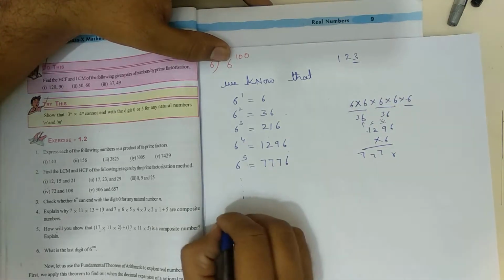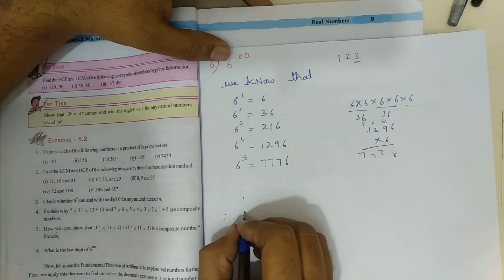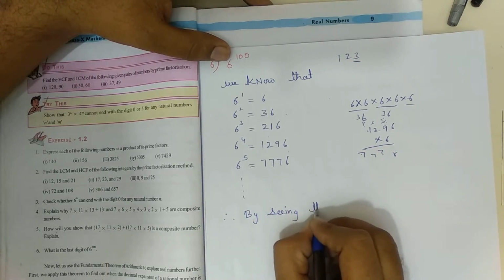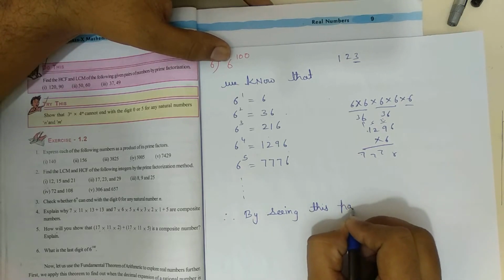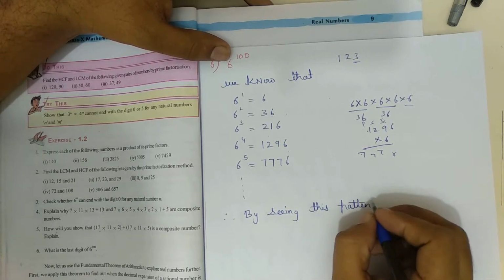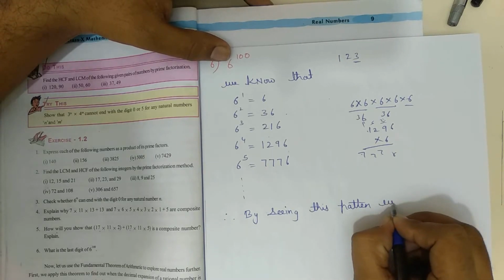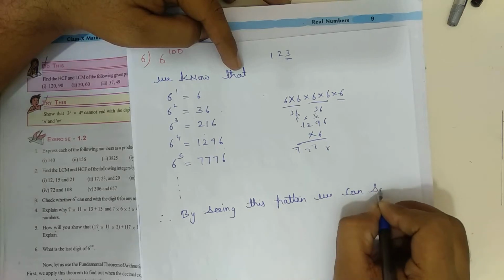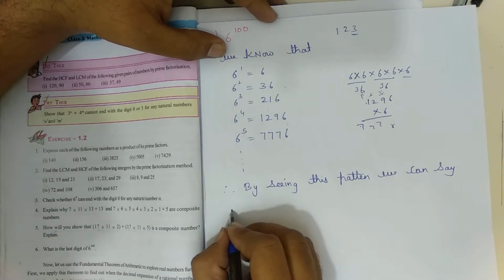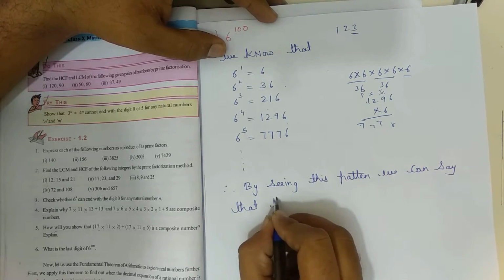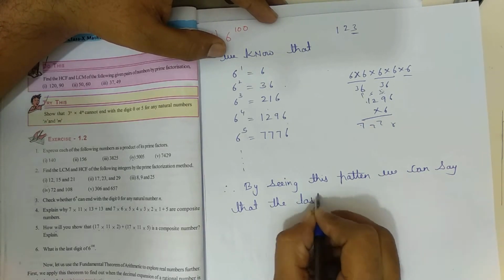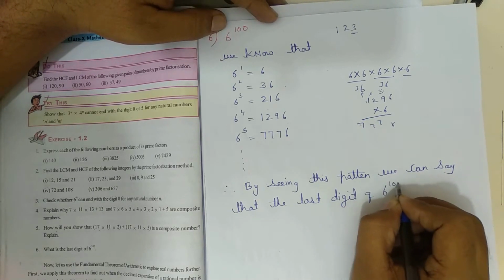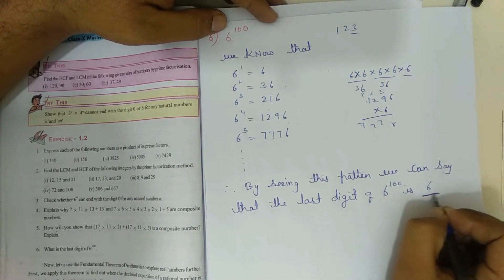So by seeing this pattern, we can say that the last digit of 6 power 100 is also 6.